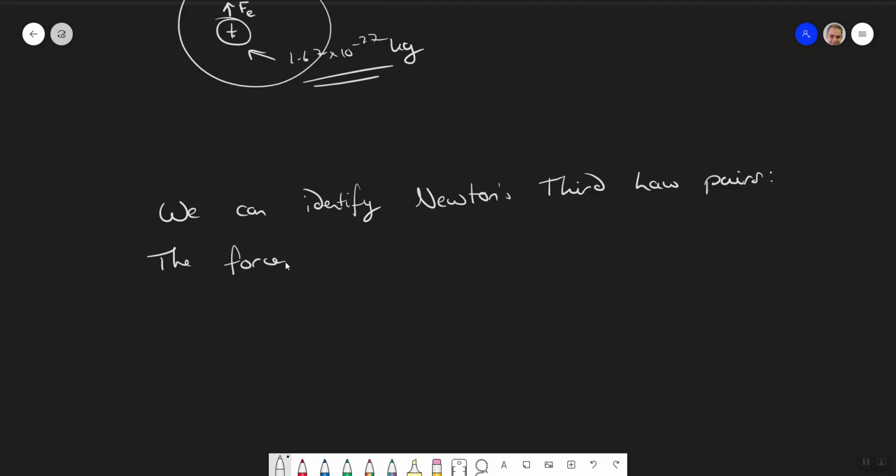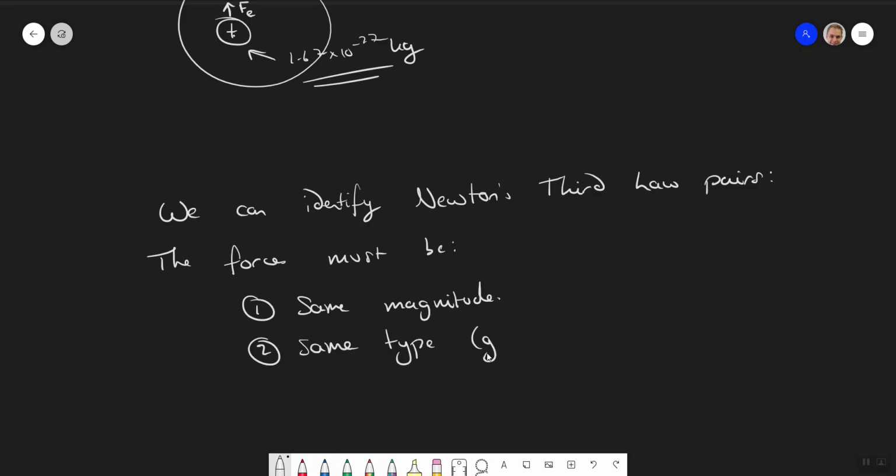The forces must be: 1, the same magnitude; 2, the same type, so let's say gravitational, contact, electrostatic, or magnetic, or whatever it is.